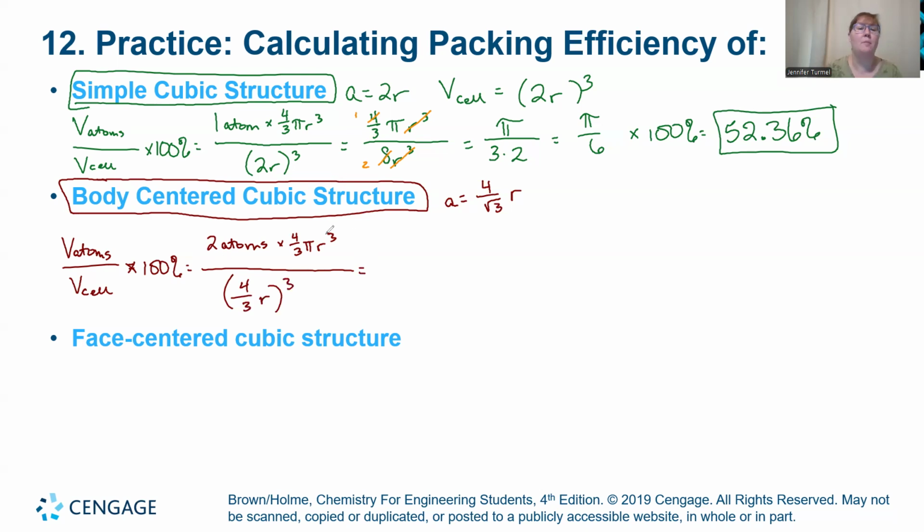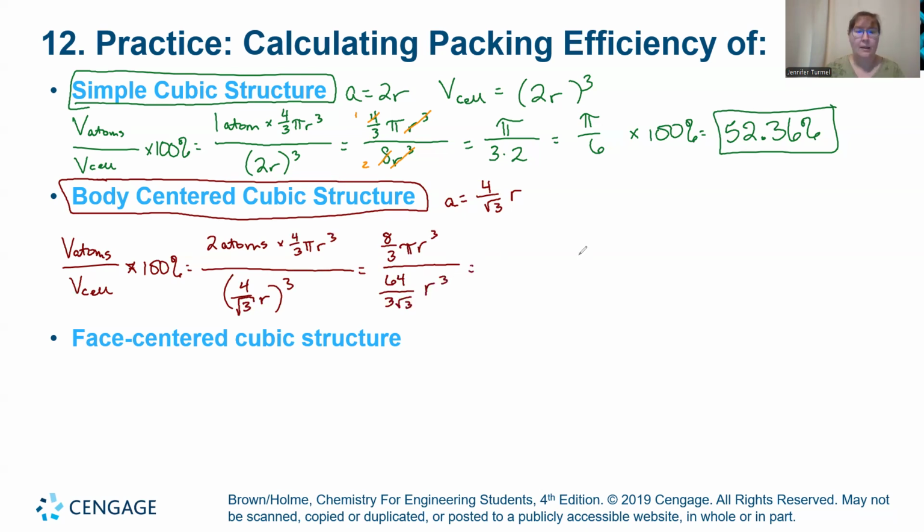Let's work through our math. So now we have 8/3 pi r cubed divided by 64 over 3 root 3 r cubed. Oh, I forgot, this is supposed to be a square root there. There we go.